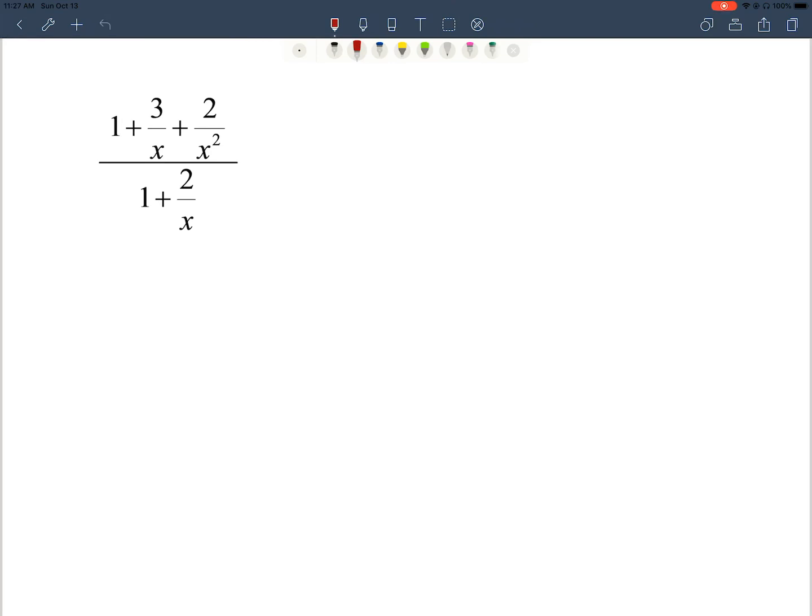This one, we've got 1 plus 3 over x plus 2 over x squared, and then that whole entire fraction, or that numerator, is being divided by the expression 1 plus 2 over x. So if we look at our denominators, we have obviously 1, but we're not going to worry about 1 as much now because it's not going to change anything.